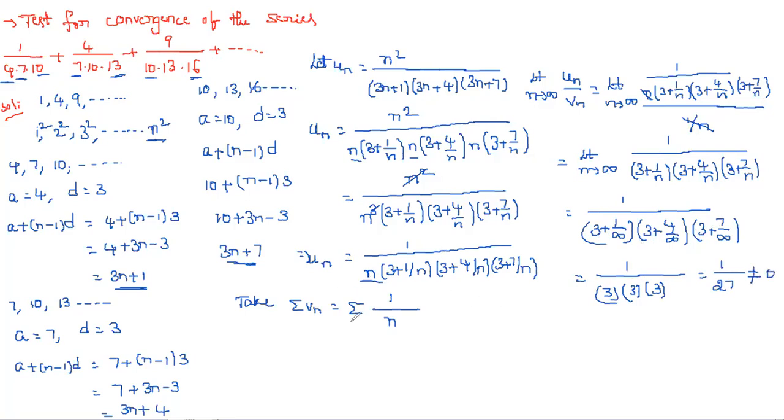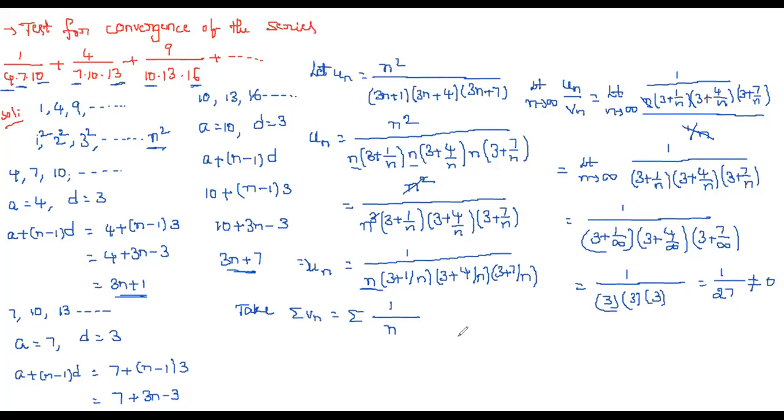Now we need to discuss the convergence or divergence of summation Vn. Since summation Vn is equal to summation 1 by n, is this divergent or not? Based on which one? By p test, with p equal to 1.